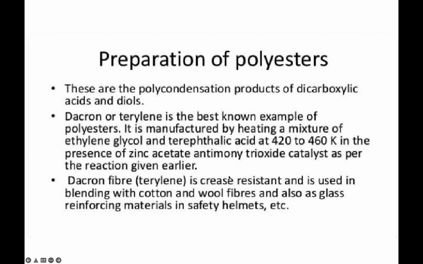Terylene is also crease resistant. If you use cotton clothes they get wrinkled easily and you have to iron them before every use, but terylene is crease resistant and we can blend it with cotton or wool fibers. It is also used as glass reinforcing material in safety helmets and so on.